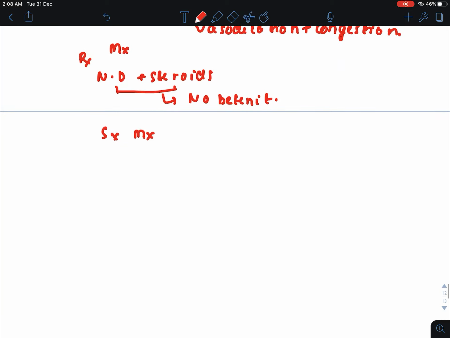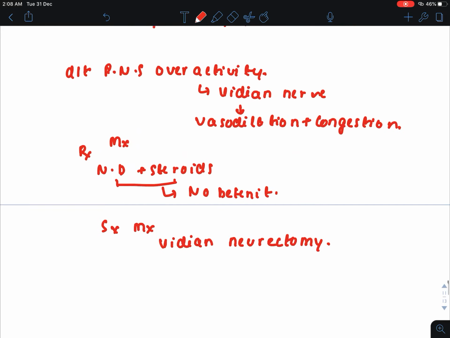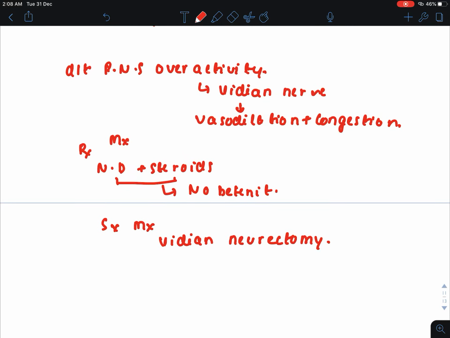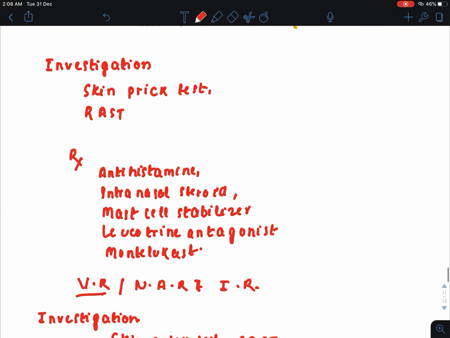So what is the surgical management? We do Vidian neurectomy, that is, we are damaging the Vidian nerve. So finally we have completed rhinitis.